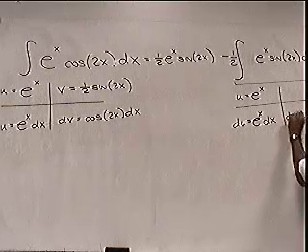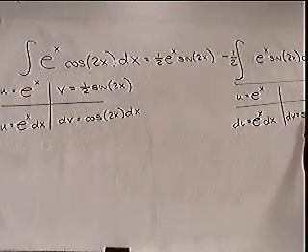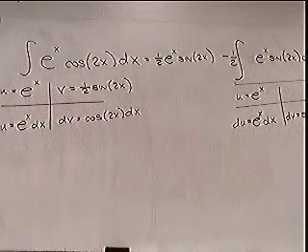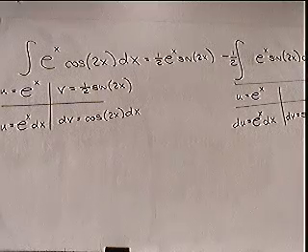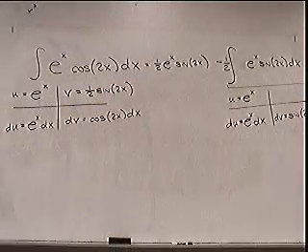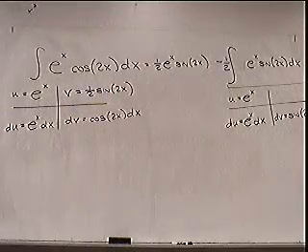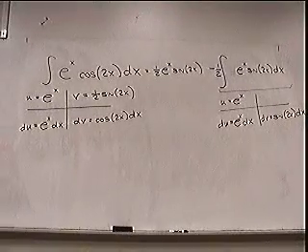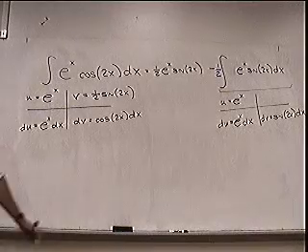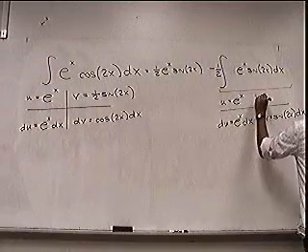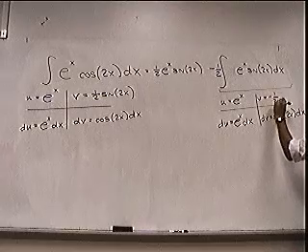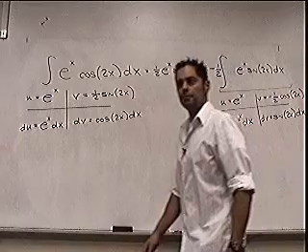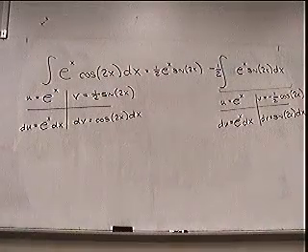So dv is sine of 2x dx, which means what is my v? Negative 1/2 cosine 2x. Right? Any questions?